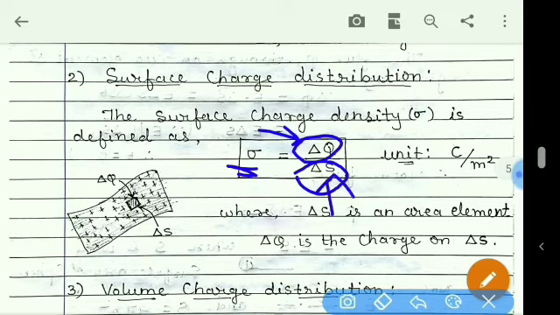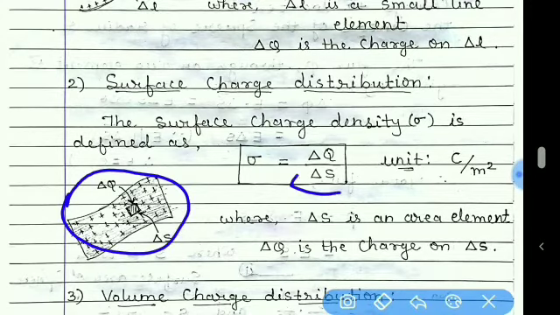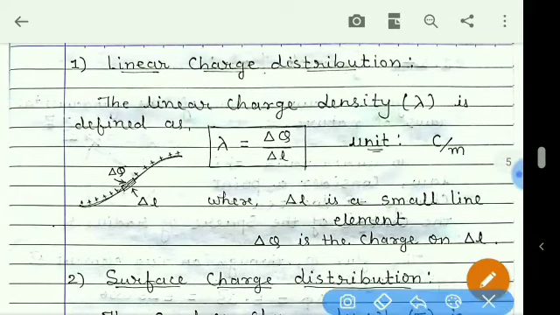The symbol for surface charge density is sigma. So it is clear that as it is a surface, it has area, so total charge upon area. If it was a linear object, then a linear object has a length, so delta L.